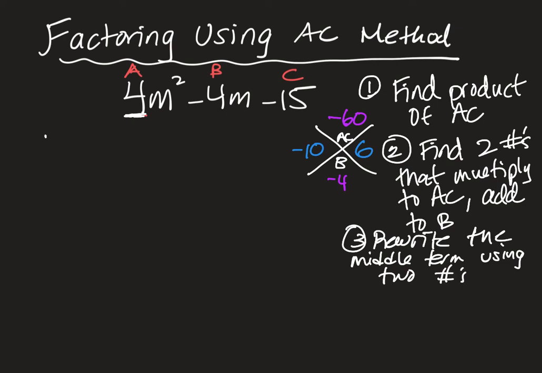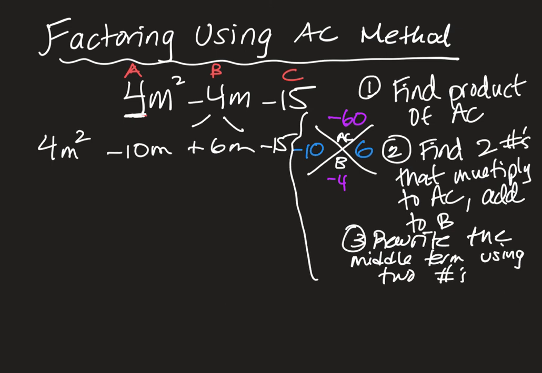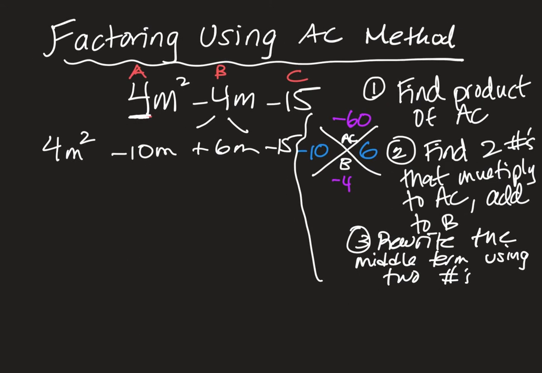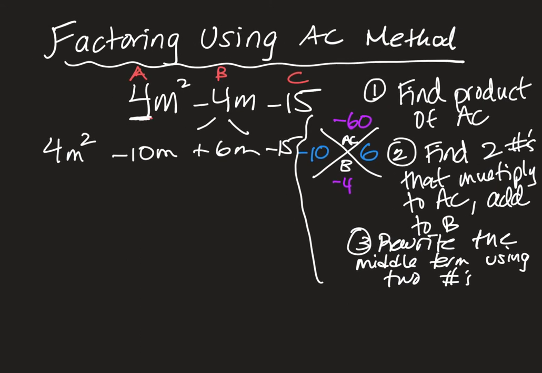I'm going to rewrite my trinomial, except instead of -4m, I'm going to write -10m plus 6m. Those are my two terms, and then I have my original -15. I took my middle term, -4m, and rewrote it as -10m plus 6m, which is the same thing.